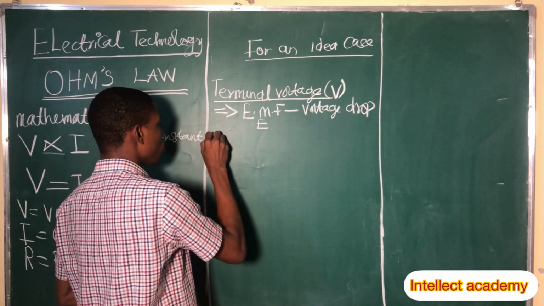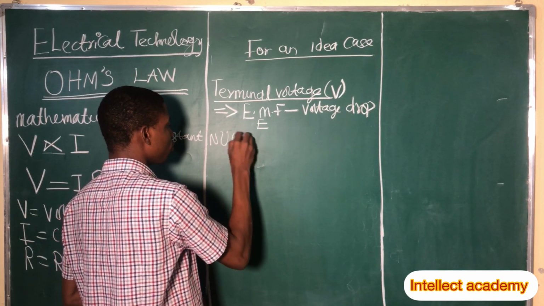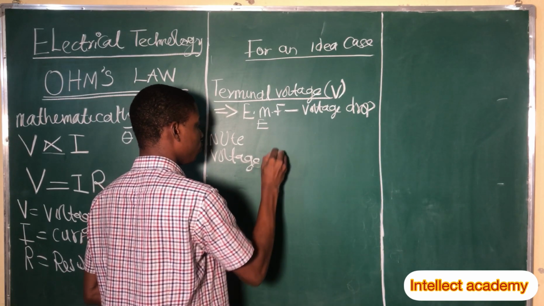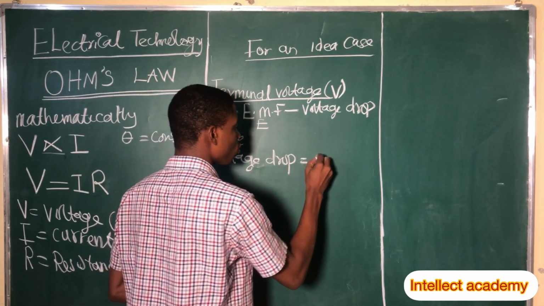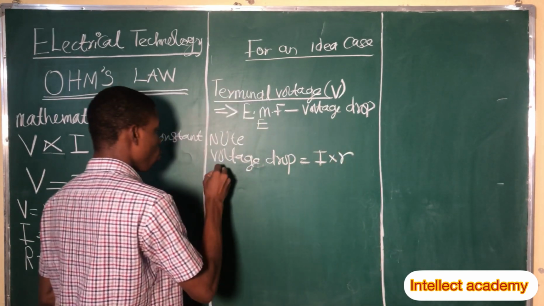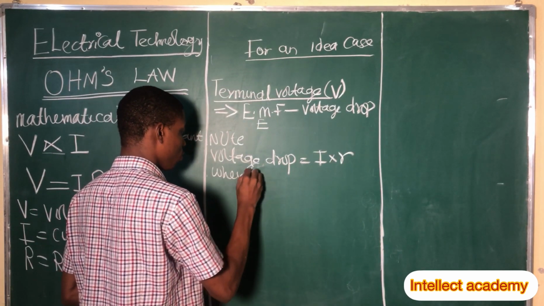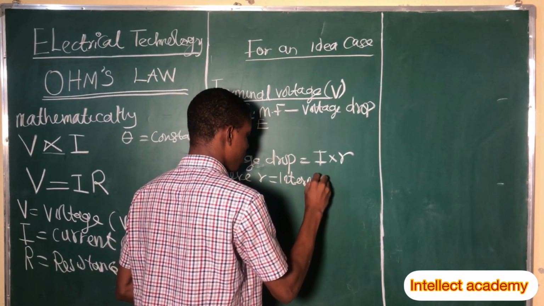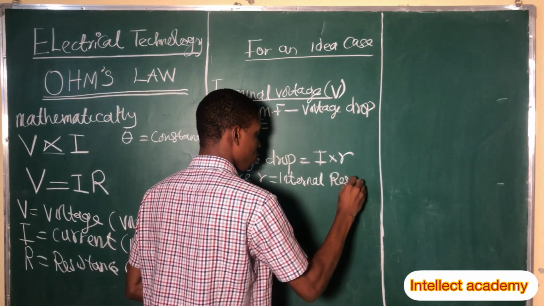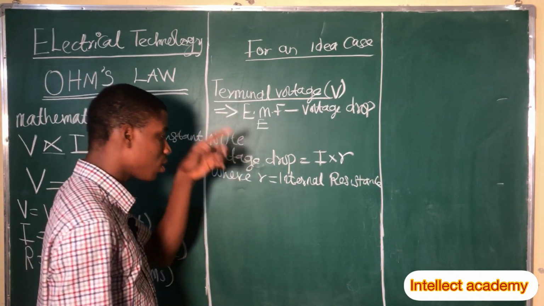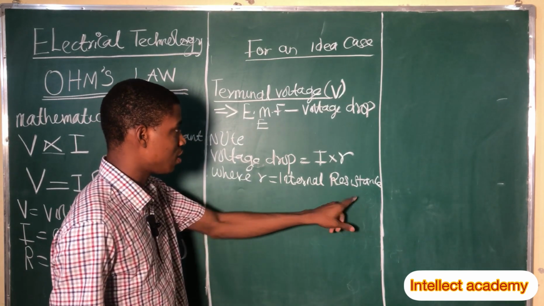Now take note that the voltage drop is equal to I multiplied by small r, where r is the internal resistance.